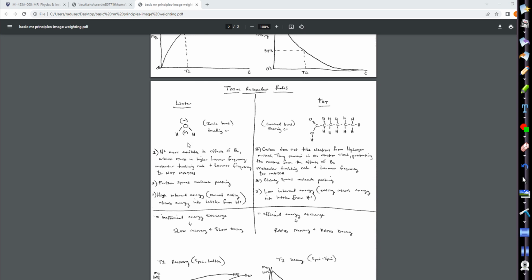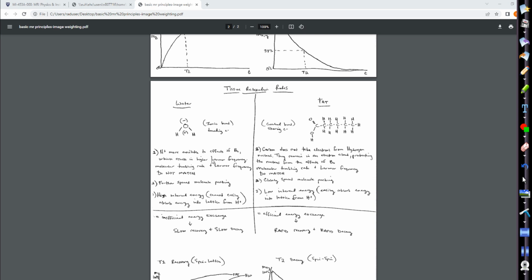So we can say the hydrogen in water is more available to the effects of B sub 0. And this results in a higher Larmor frequency. So water precesses around B sub 0 slightly higher than fat. And it has a faster tumbling rate.